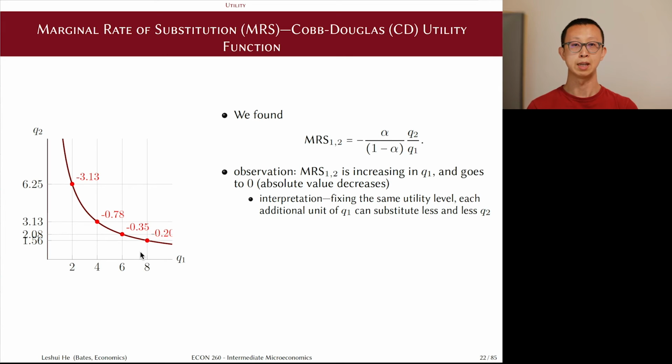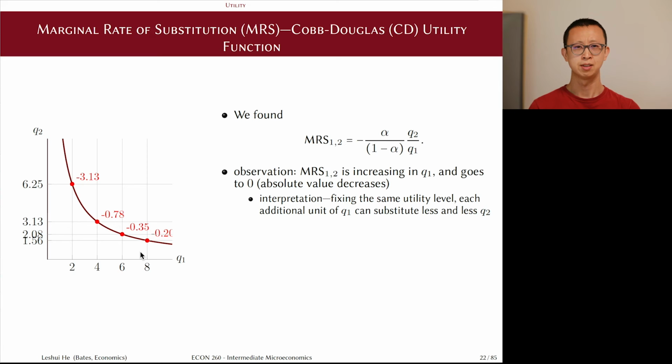So when a consumer has almost no good 1, which is when Q1 is almost 0, and then you give this consumer one extra unit of good 1, how many units of good 2 can we take away from them? Well, it turns out that if this consumer's preferences can be represented by the Cobb-Douglas utility function, you can take away an almost infinite amount.